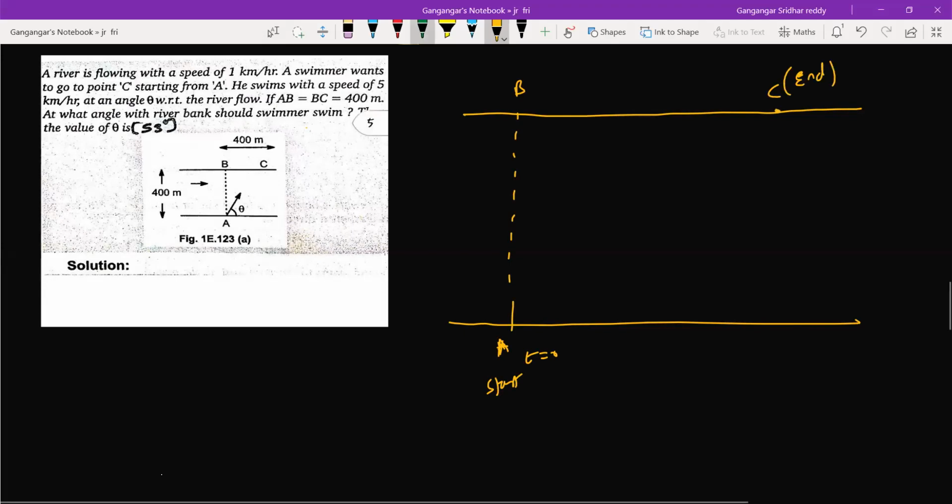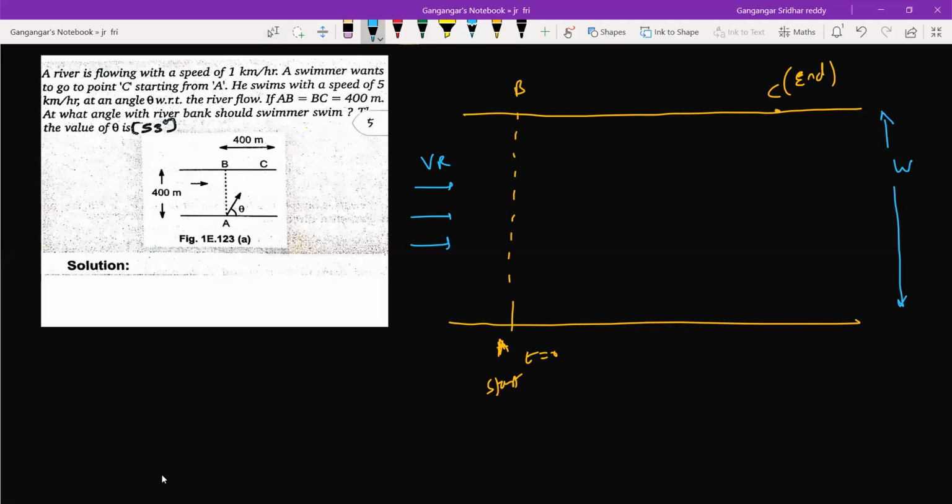How is the river current flowing? There's a river current and there's a width of the river. So how should we swim, with these values, so that VSR should be directed so that the resultant velocity is in this direction?